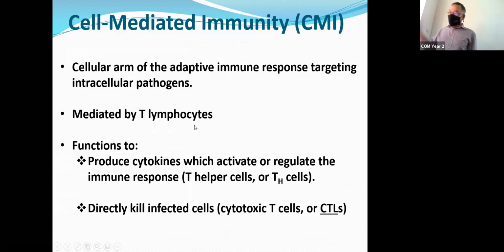So just some general descriptions of cell-mediated immunity. Within the adaptive immune system, we divide it into two arms: humoral immunity, which is antibodies and B lymphocytes, and cell-mediated immunity, which we divide into two arms, T helper cells and cytotoxic T cells.